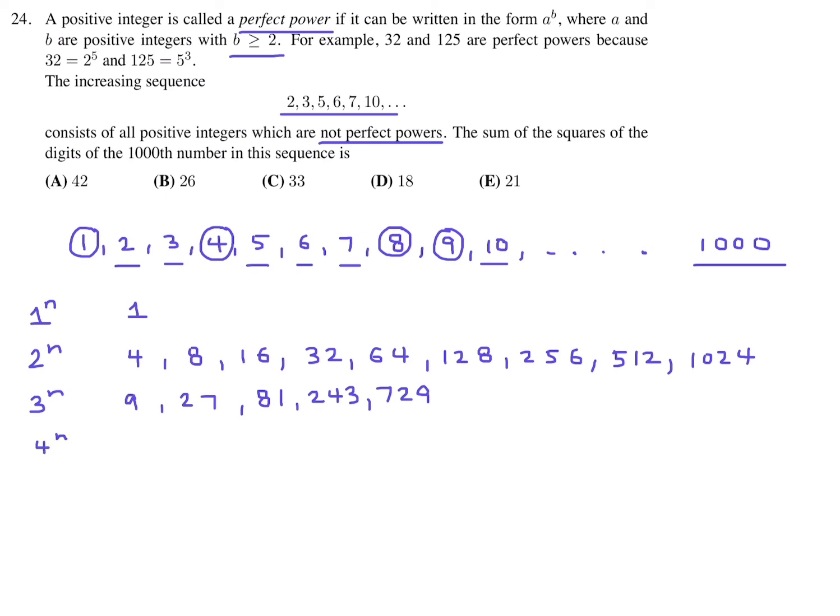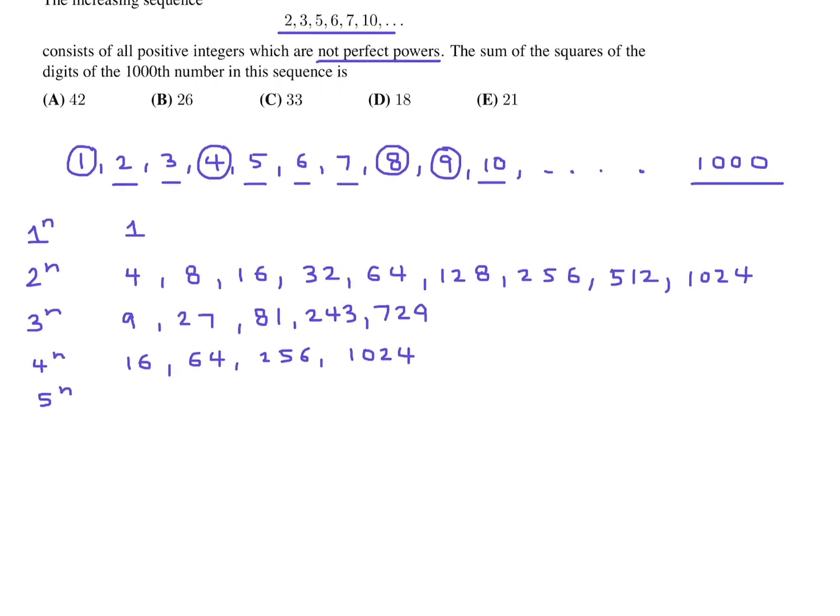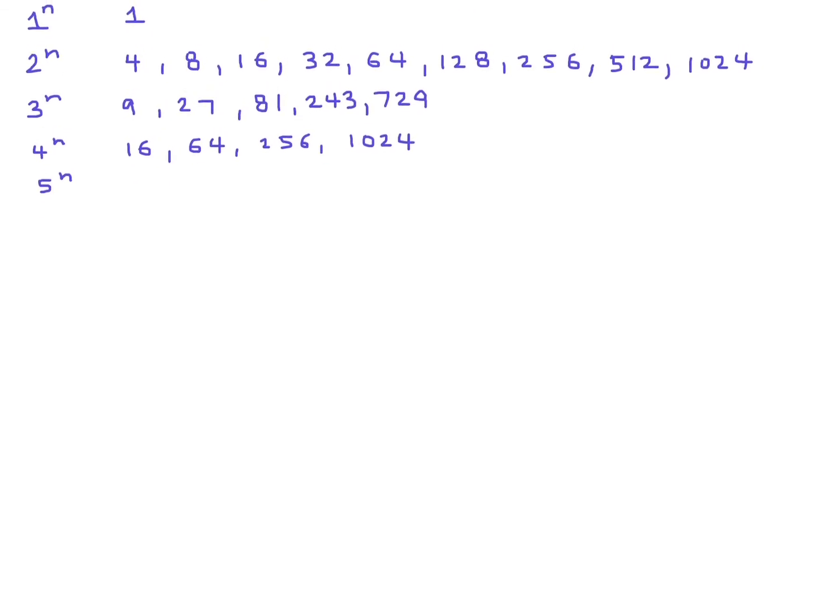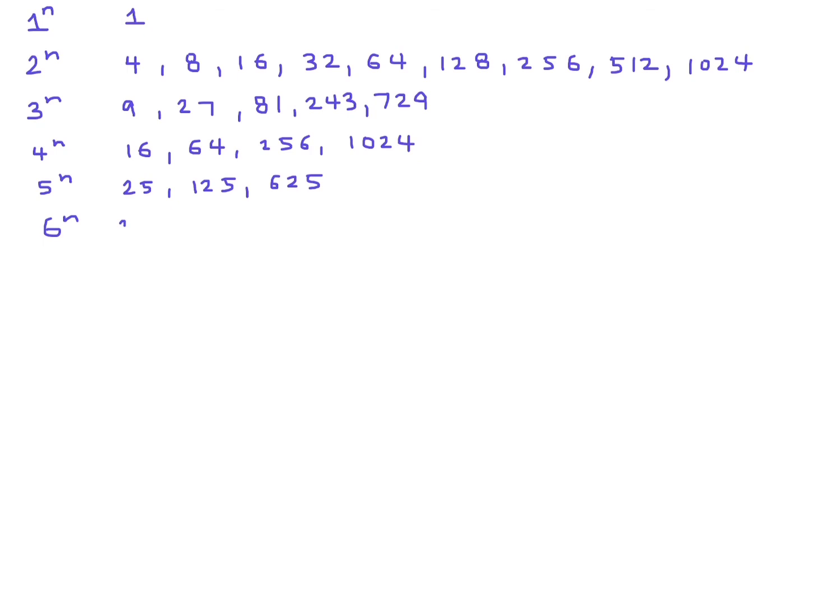4 to the power of n, 16, 64, 256, 1024, and I'll stop there. 5 to the power of n. We got 25, 125, 625, and then I'll just stop at that point. 6 to the power of n, 36, 216.